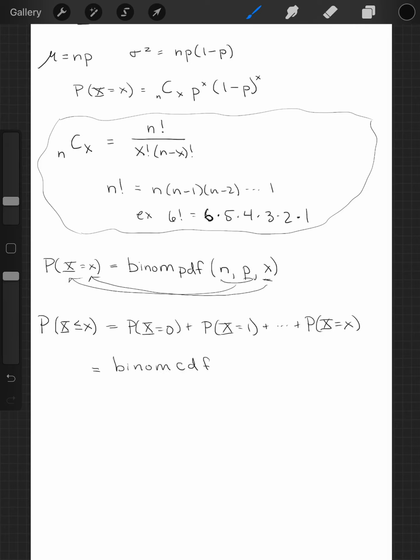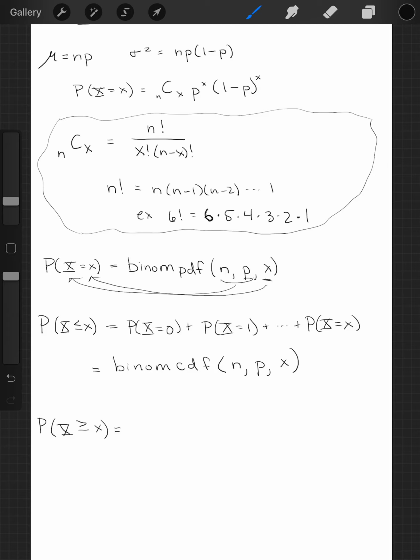And what's much more useful is to have our calculators figure out binomial CDF, right? That C, as I mentioned before, is cumulative. So it adds up all the probabilities that are accumulating up until you get to x. And there you want to put in n, p, x again.